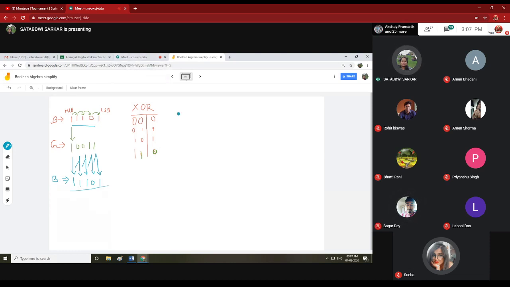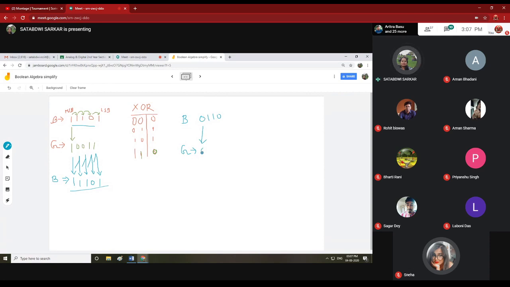Again, we are taking another example. Suppose 0 1 1 0. This is a 4-bit example. This is the binary term. We have to convert this into its equivalent gray code.